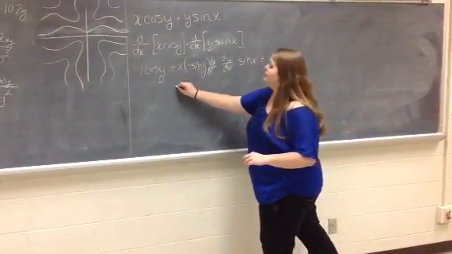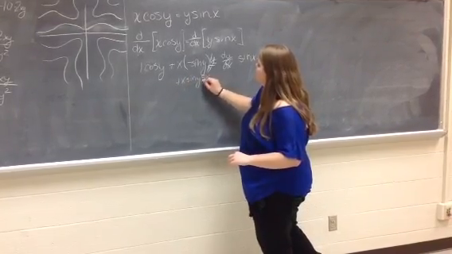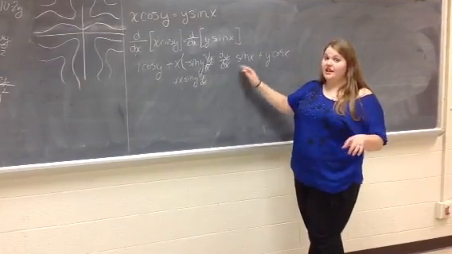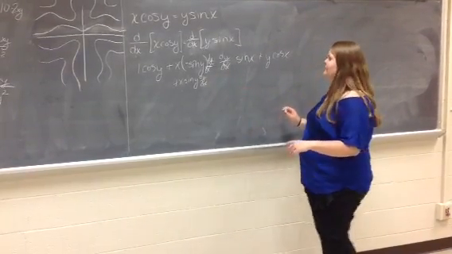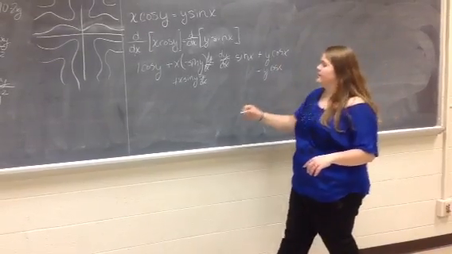So I'm going to add x sine y dy/dx to both sides, because then I don't have to deal with negatives and gross stuff. So we'll subtract this y cosine x to the other side.